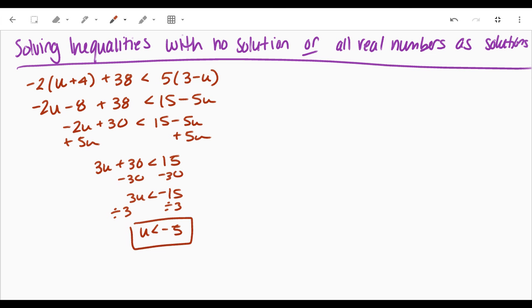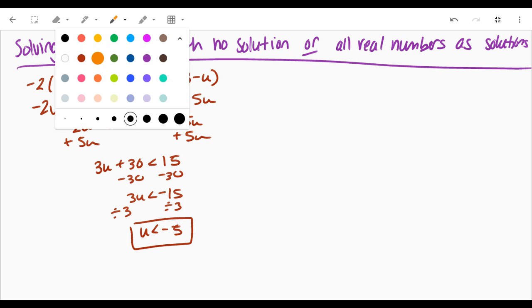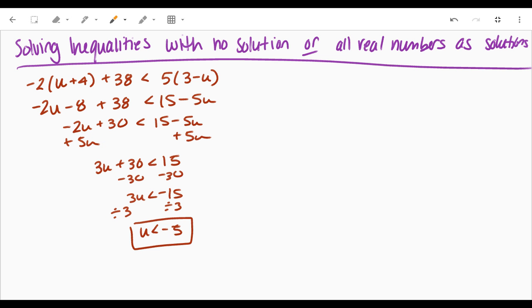But now we'll do one that actually doesn't have a solution, and then I'll try to find one that has all real numbers. So we have 5 times 4w plus 7 greater than or equal to 20w plus 36. Okay, so then we distribute that 5 and we get 20w plus 35 is greater than or equal to 20w plus 36. And you can already tell that's not going to work.